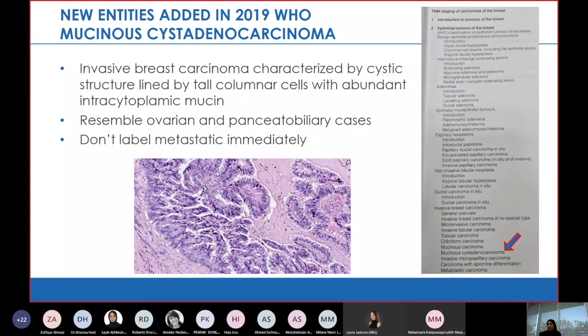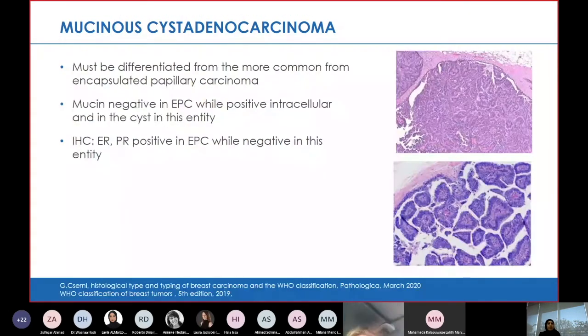Another differential diagnosis in the breast is encapsulated papillary carcinoma, where we don't see mucin, not intracytoplasmic or intracystic. Also, applying ER and PR will help to differentiate. It will be positive in encapsulated papillary carcinoma, while negative in mucinous cystadenocarcinoma.